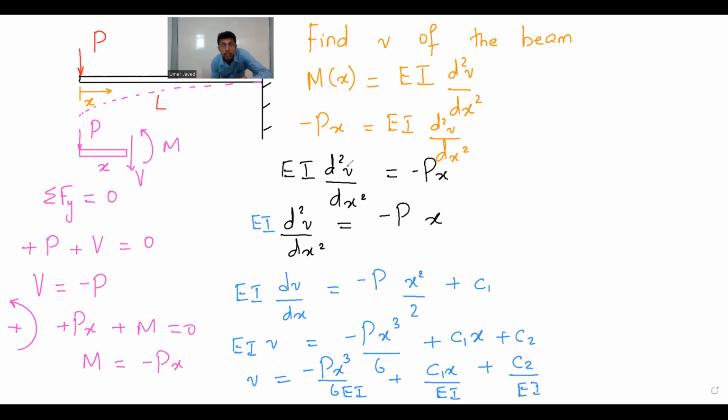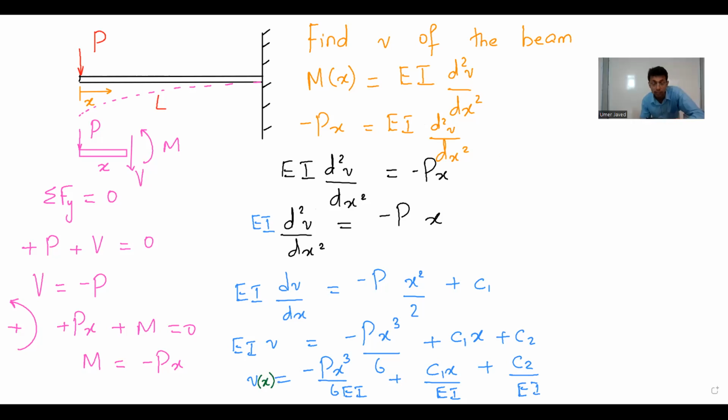So you can from the beginning write bracket X if you really want, deflection function of X. So how can I find C1 and C2? Anyone? Okay, no one is responding. So that's why I will just tell you. I will use the boundary conditions.